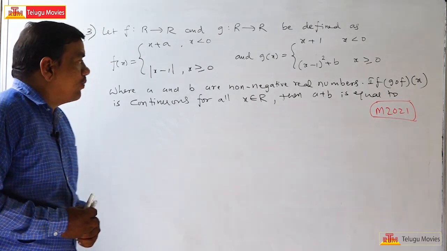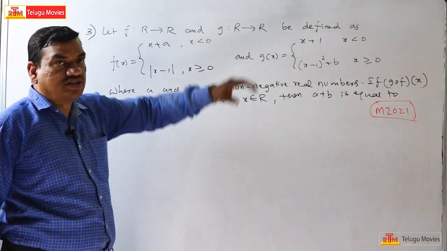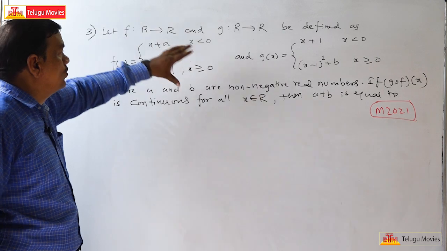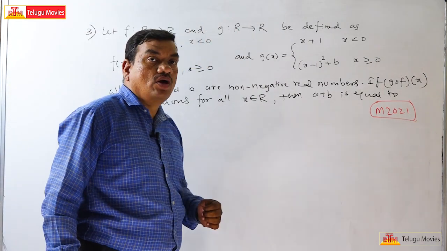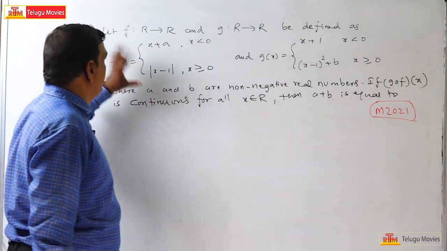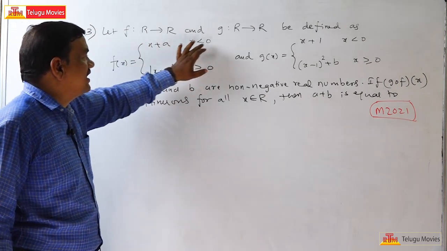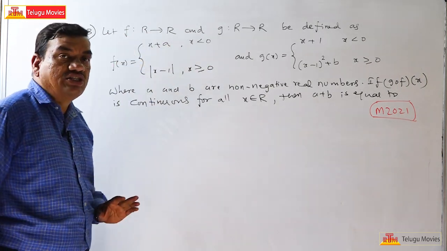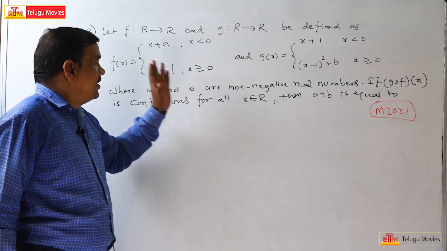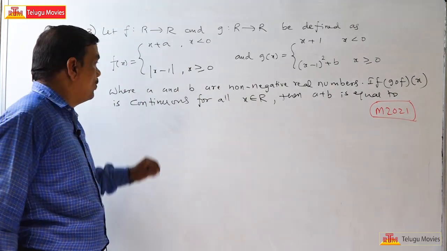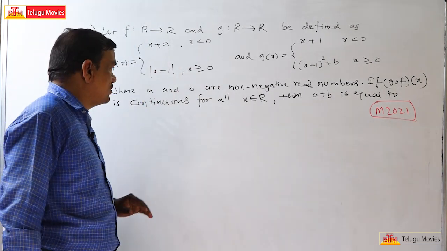Welcome to this problem. Here there are two functions, f and g, both are from R to R, defined as f of x is equal to x plus a if x less than 0, and modulus of x minus 1 if x greater than or equal to 0.